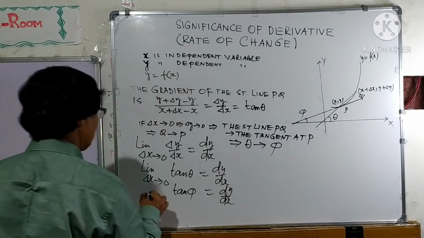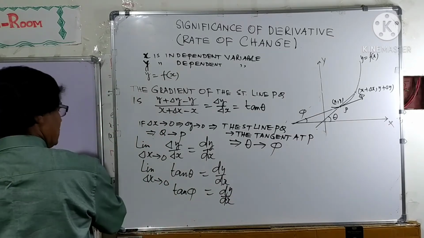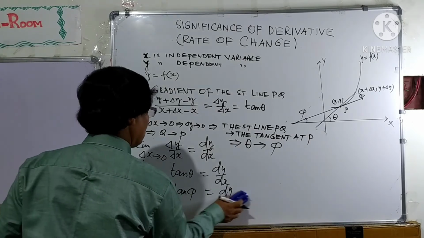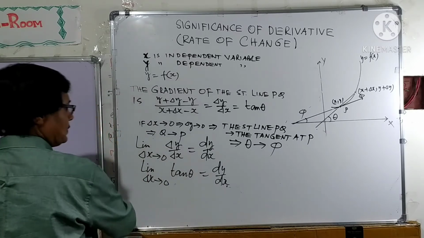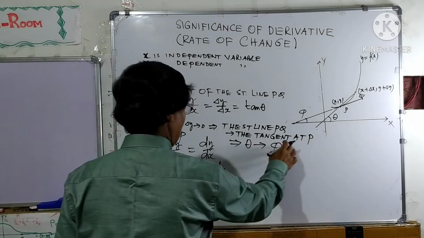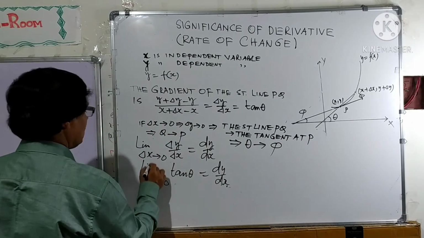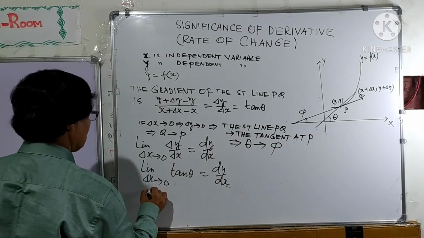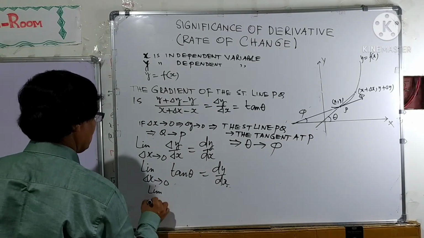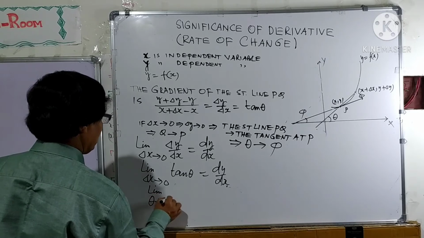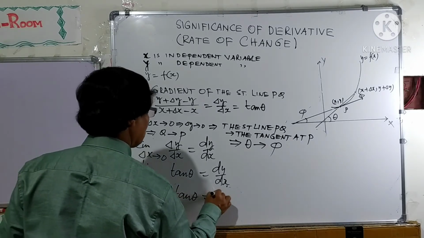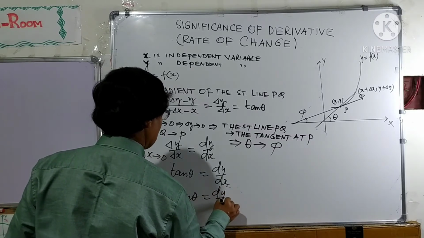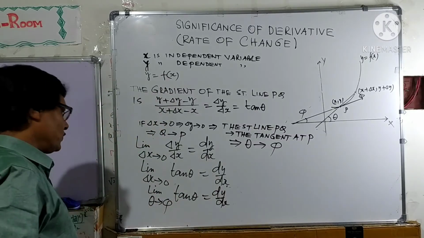We can also write this: when del x tends to 0, theta approaches phi. So this limit can be changed into the limit as theta tends to phi of tan theta, equal to dy dx.